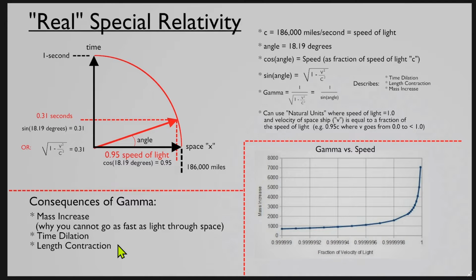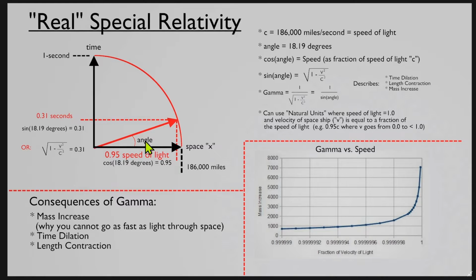Now I want to talk a little bit of math here. For those familiar with trigonometry, and if you're not, you might find this interesting also, take this vector, which is me moving in my spaceship through space-time at the speed of light, but through space at 95% the speed of light.